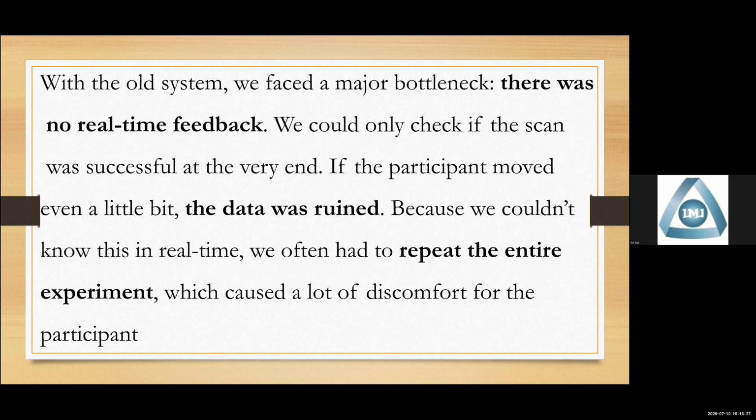Why was there no feedback? Because the MEG machine was outside of the room, you couldn't see the screen while doing the recording. We compare the beginning and the end of the experiment to see if the patient moved or not.